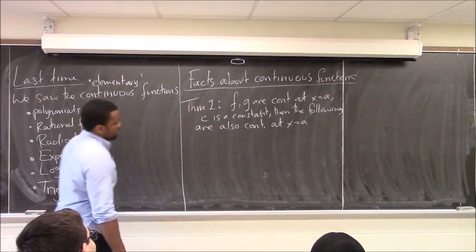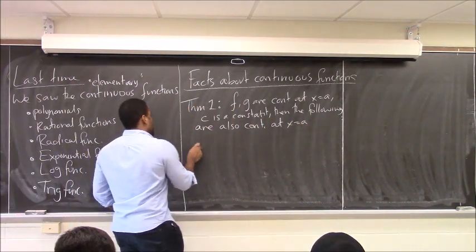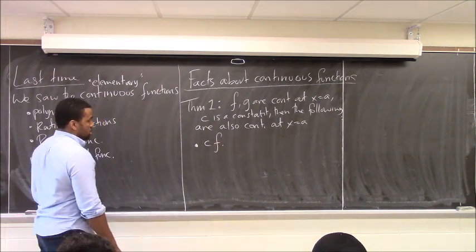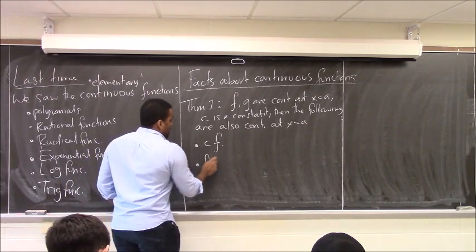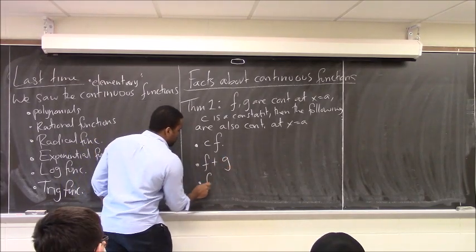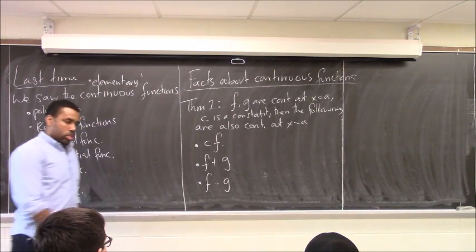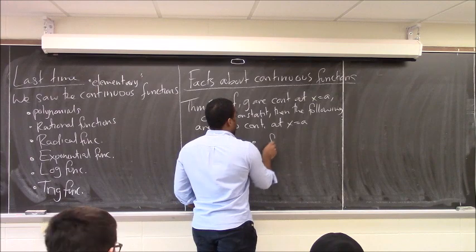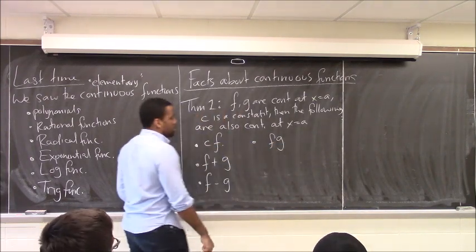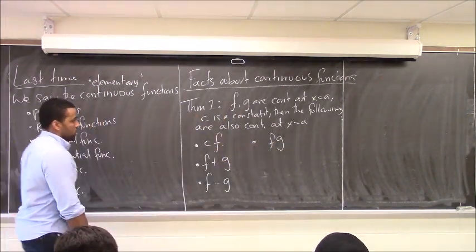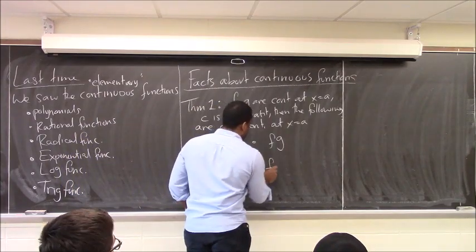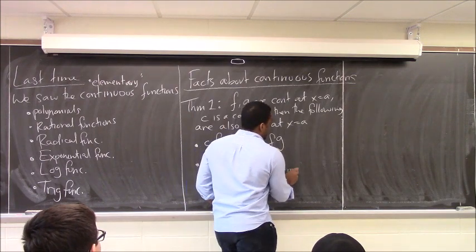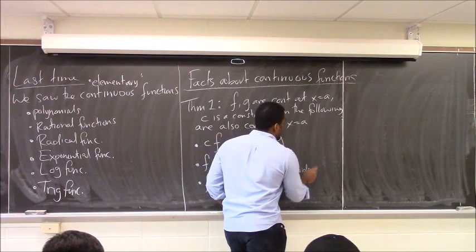So given two continuous functions and a constant, it is automatically true that a constant times the function will also be a continuous function. If I add two continuous functions or I subtract two continuous functions, the result will also be a continuous function. If I multiply two continuous functions, the result is also a continuous function. If I divide two continuous functions, the result is also a continuous function provided that we are not dividing by 0.